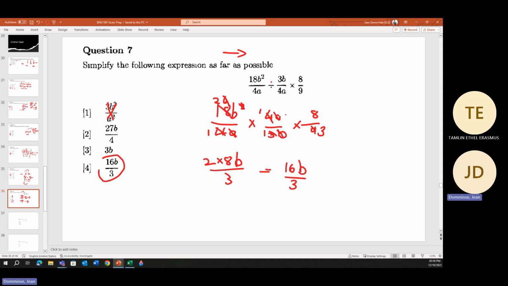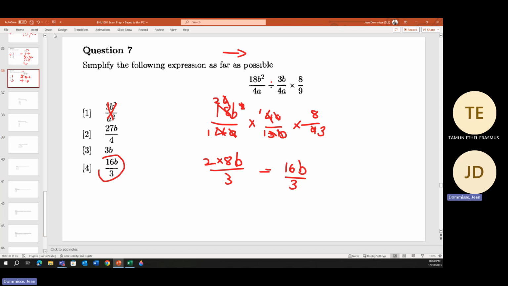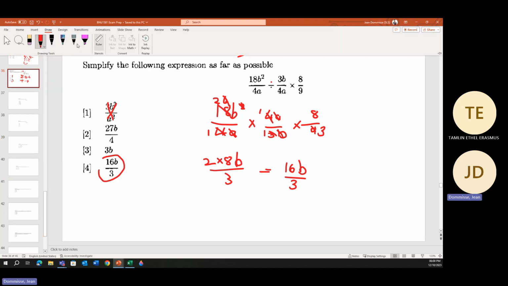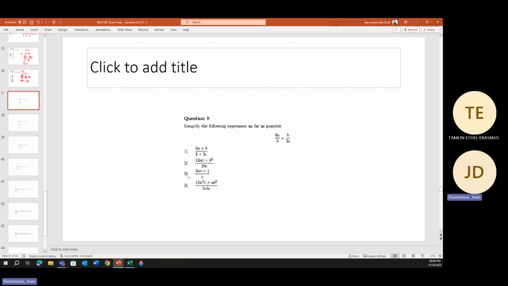But I like this method where you're making it easier for yourself to see what the end one is that you need to simplify, if it is possible. Okay, and this is also probably something that you will get. They love to ask the one, especially where there's a division in the first part of your question. So this is definitely something that they will ask you.